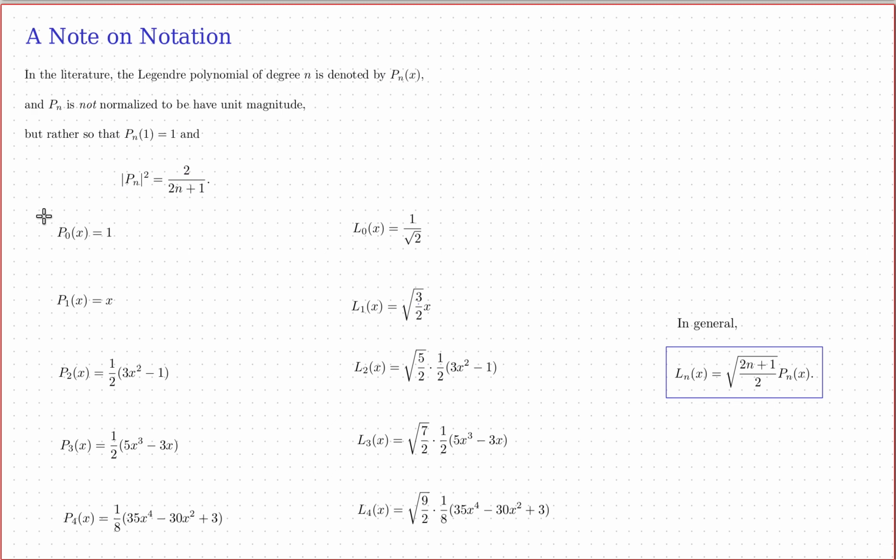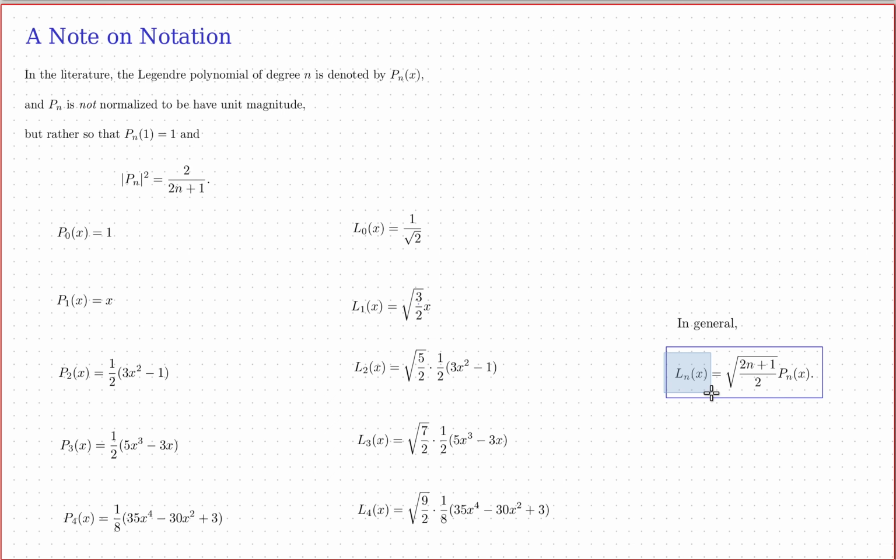For example, in the standard format, P0 of x is equal to 1, whereas I've given L0 of x equal to 1 over radical 2, so that it has unit magnitude. P1 of x in standard form is just x, whereas I've normalized it, so L1 of x is radical 3 over 2 times x, and so on. It's very easy to convert from one form to the other. The form I've given is normalized to have unit magnitude.